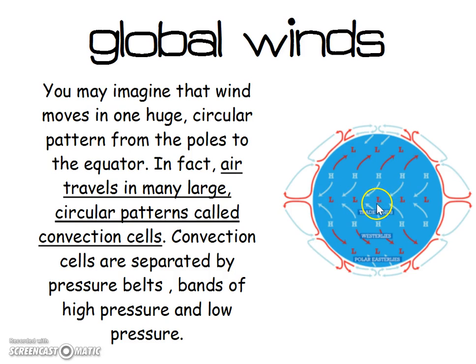So instead of the winds going a certain direction from the equator to the poles or poles to the equator, you have these bands of high pressure and low pressure. There are 3 in the northern hemisphere and 3 in the southern hemisphere.